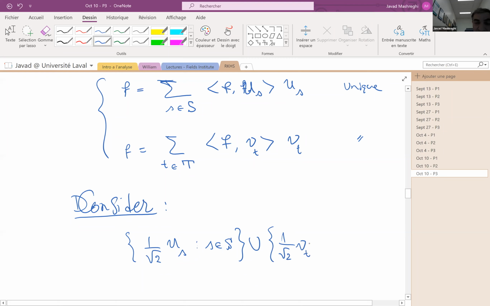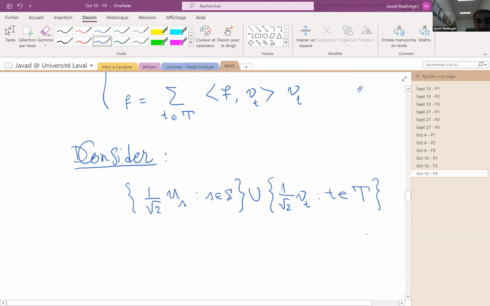You will see the reason for 1 over root 2. So our index set is S union T.